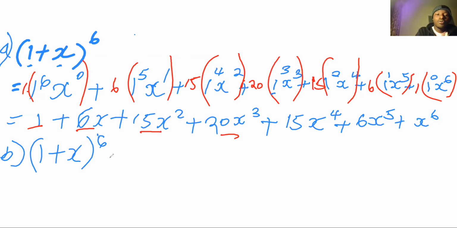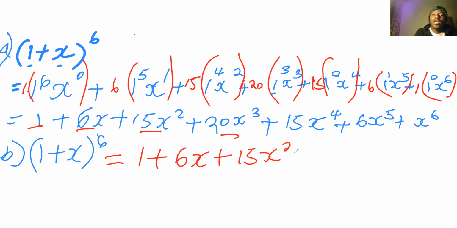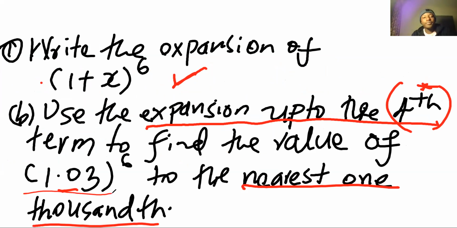So we'll only take the first 4 terms, that is 1 plus 6x plus 15 x squared plus 20x cubed. So you use this expansion up to the fourth term to solve this. Look at that.